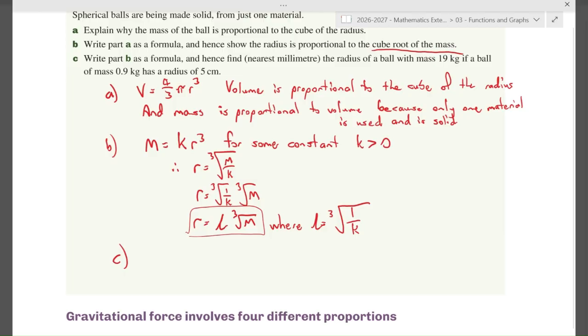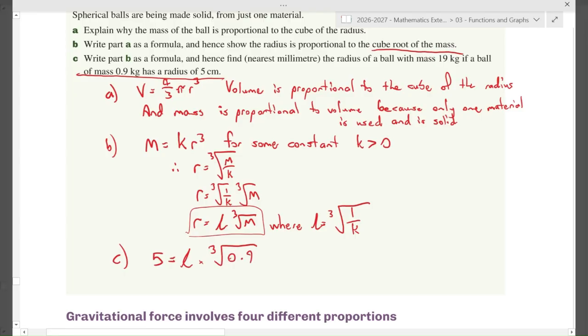Okay, so the first thing is, what is our formula? Yeah, we've got the r equals L. Okay, so what we've got is they have given us these details here. We've got 5, because that's our radius, equals L times the cube root of 0.9.